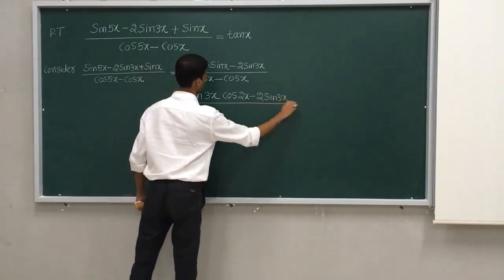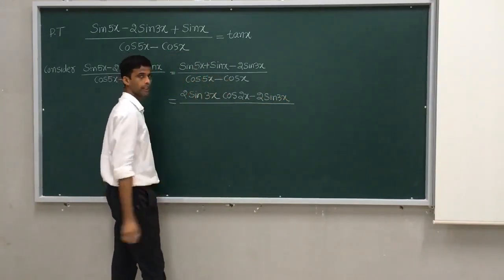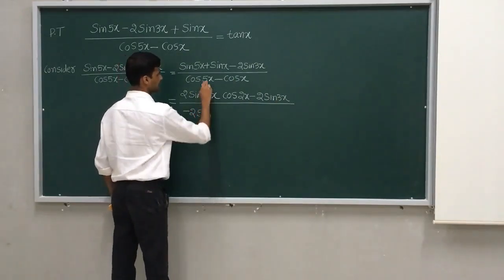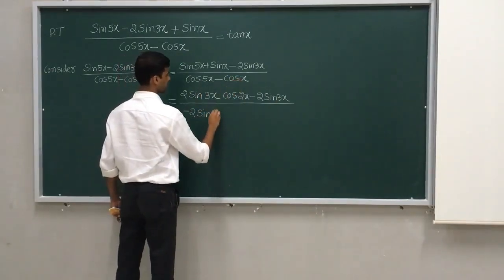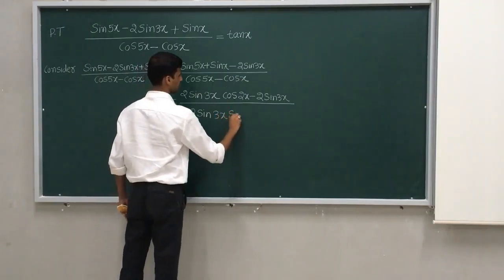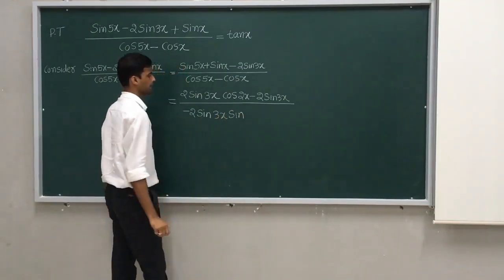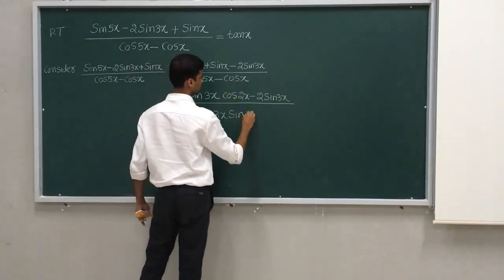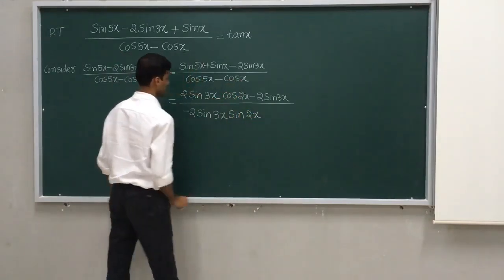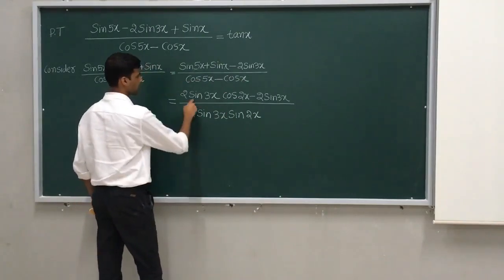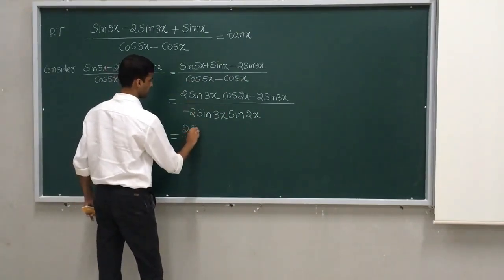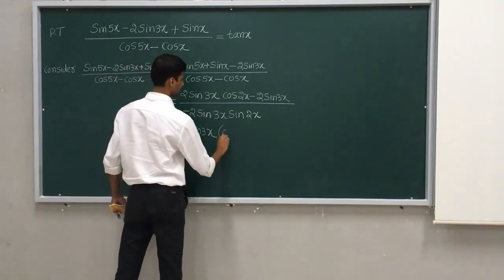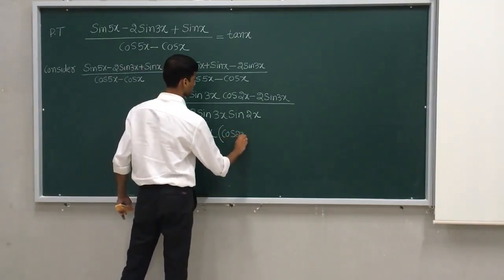Divided by, cos x minus cos y, you know the formula. It is minus 2 sin (x plus y)/2, 5x plus x, 6x by 2, 3x, sin (x minus y)/2, 5x minus x, 4x, 4x by 2 is 2x. What you will do? You have 2 sin 3x common in the numerator. Let me take it out, so you are left with cos 2x minus 1.